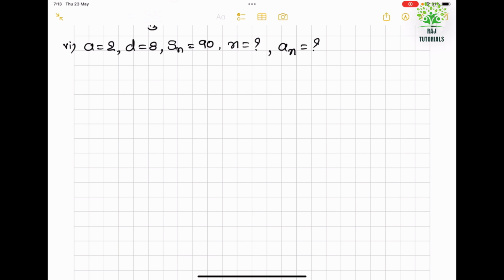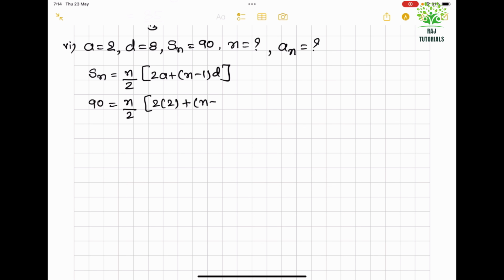Here a is 2, d is 8, Sn is 90, n and an we have to find. So as we know, Sn equal to n by 2 into 2a plus n minus 1 d. So putting the values, 90 equal to n by 2 into 2 into 2 plus n minus 1 into 8.